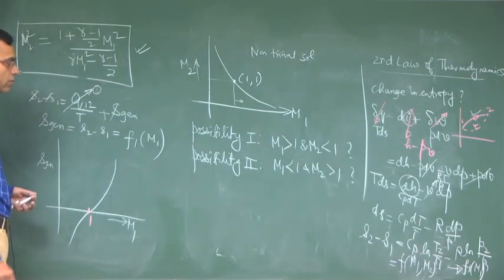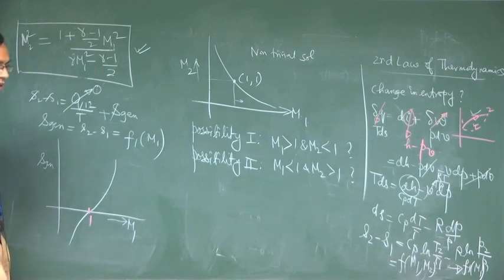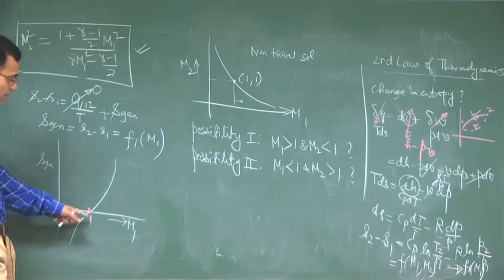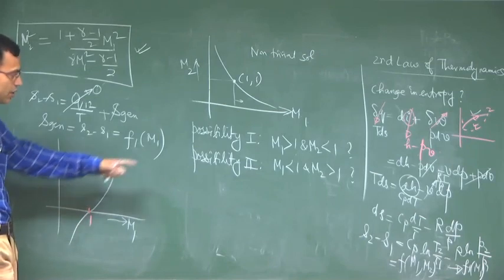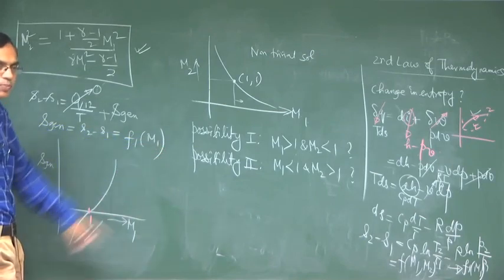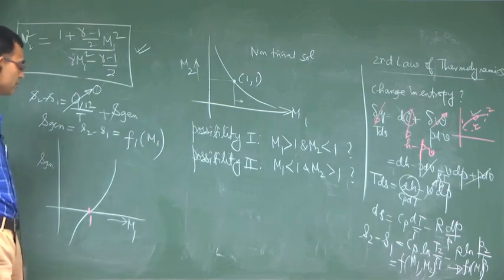This is M1 equal to 1. If M1 equal to 1, M2 is also equal to 1. So, there is no change in temperature, pressure etc. So, all the log terms will be 0, and entropy generation will be 0. So, this point 1 you can clearly say. For M1 greater than 1, this is greater than 0, which proper substitution of the formula will tell you.